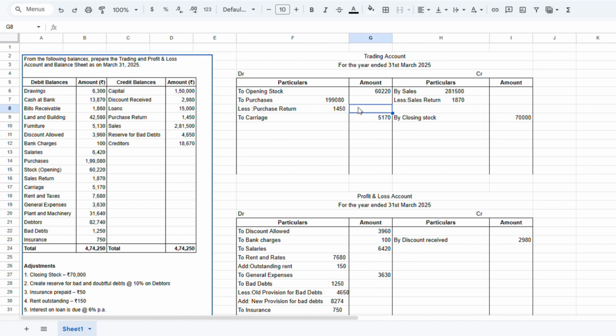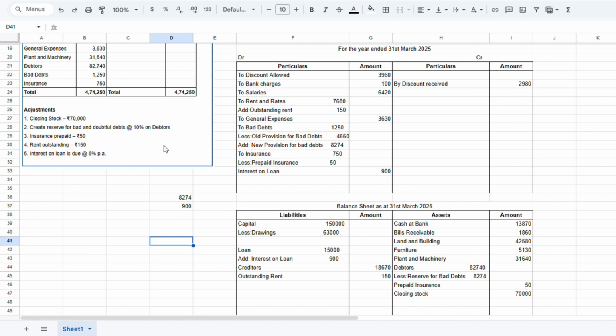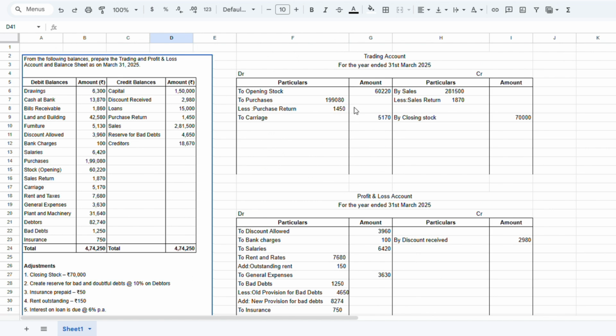Now let's close the accounts. Firstly, let's take it in the outer column. 1,99,080 minus 1,450 is 1,97,630. And here 2,81,500 minus 1,870 is 2,79,630. So the total is 3,49,630.